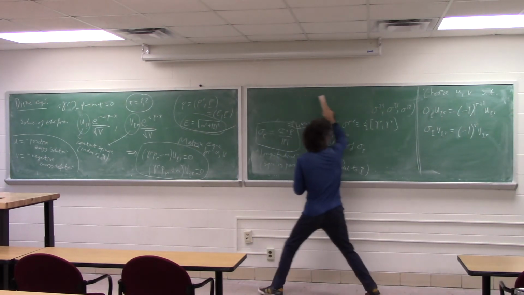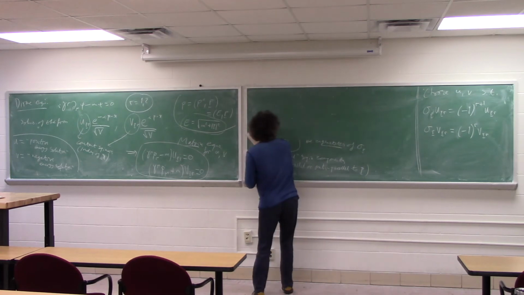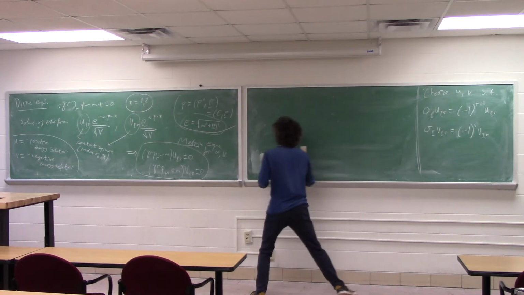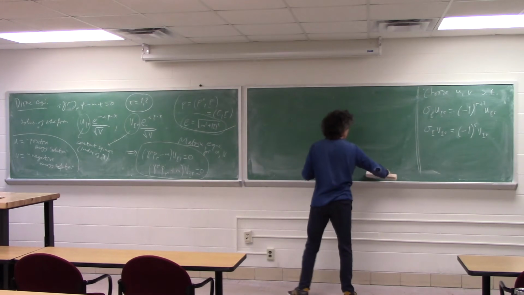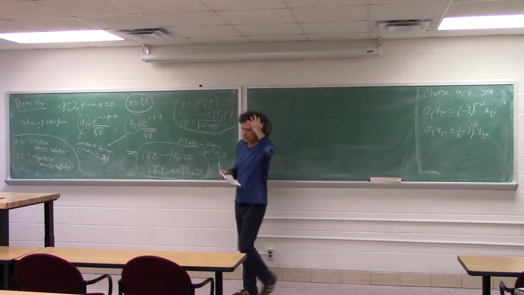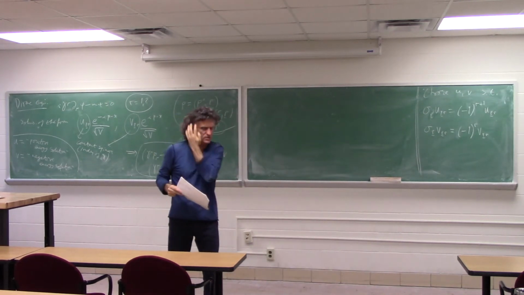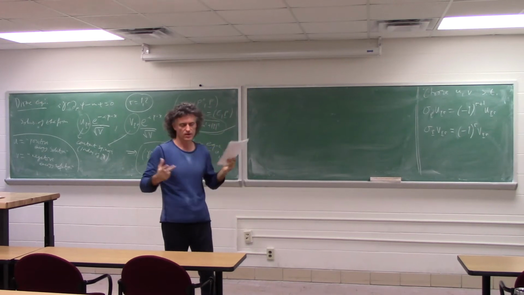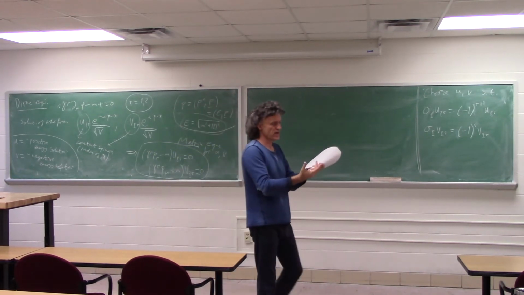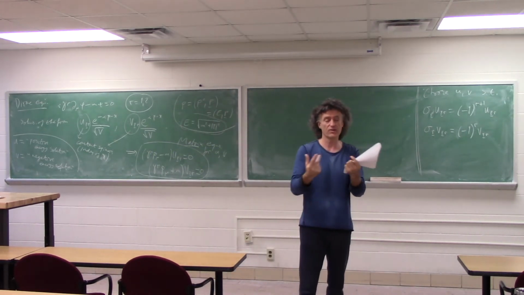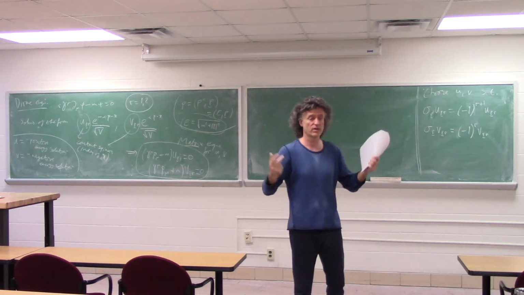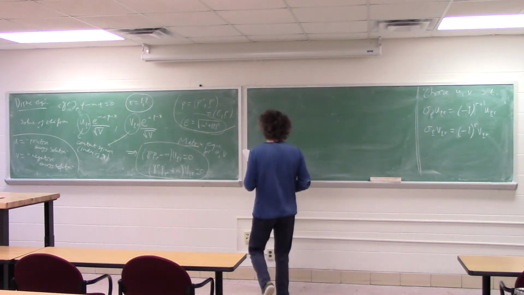All right, so there is that. Then there is the normalization of the U's and V's. You remember when we do the field expansion, there's always some factor in front that is chosen to make the commutation relations for the annihilation and creation operators come out to be what they normally are.